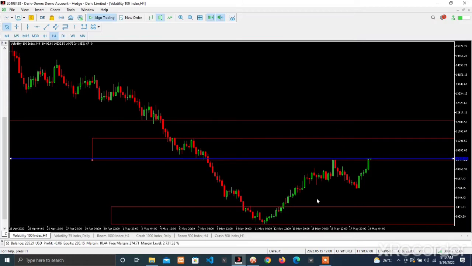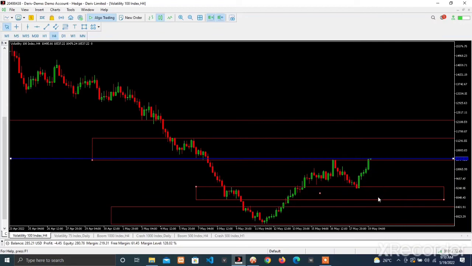Also, our first take profit, if we are taking a sell trade and we see a confirmation of a sell trade, will be at this zone.